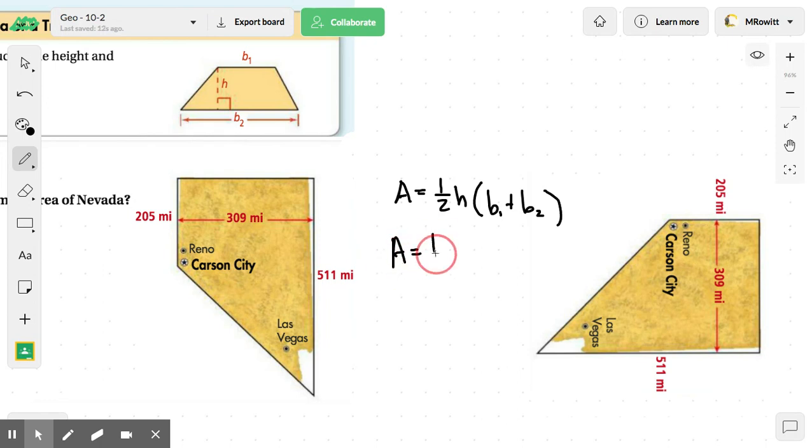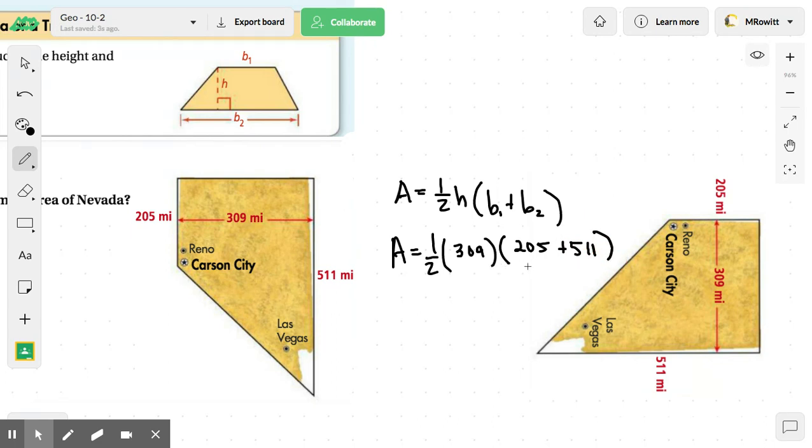So if I'm trying to find the area and I've got half the height here, now that we've rotated it so you can see how they line up, the height of this is 309 miles. 309. And then the two bases, the one up here is 205, and the one down below is 511.